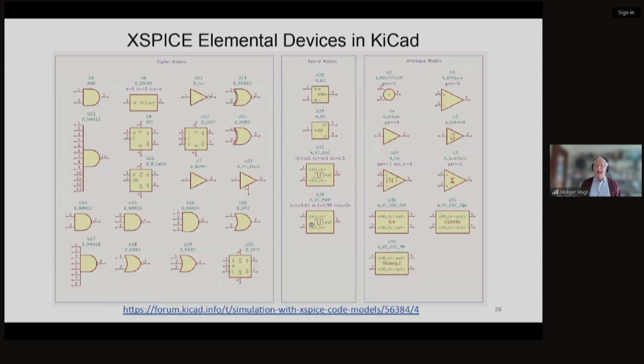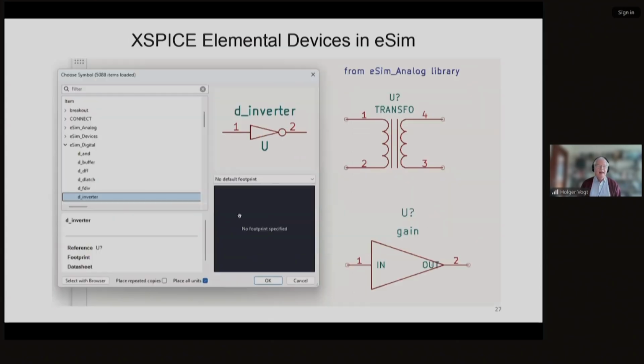This is just a picture of the blocks available directly within KiCad. It's not all of the 60, but the list is growing and directly supported. You just place a symbol onto the canvas and then you can use this device. This is also available in eSim.